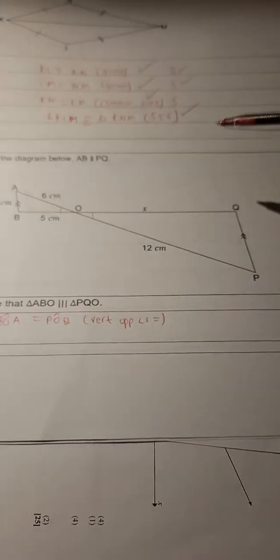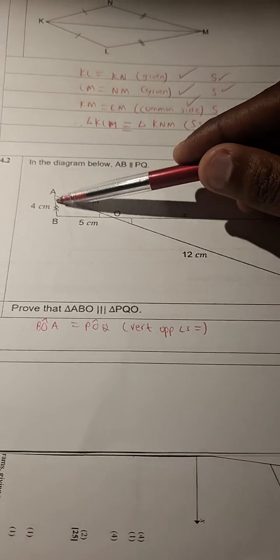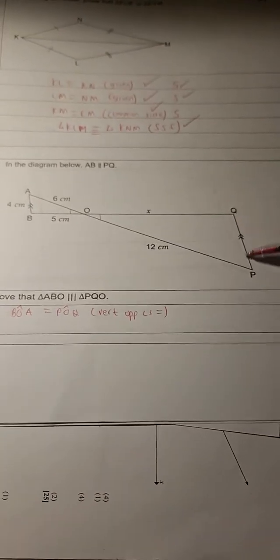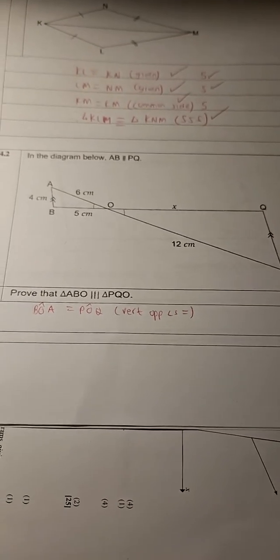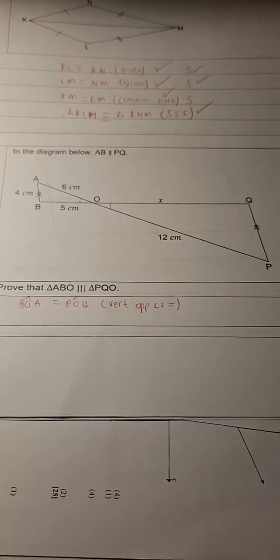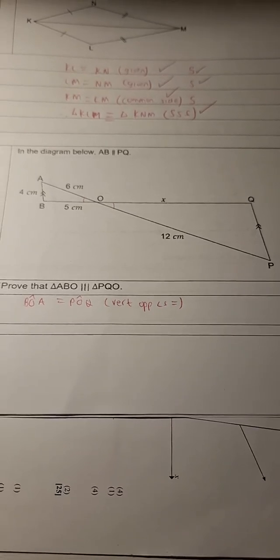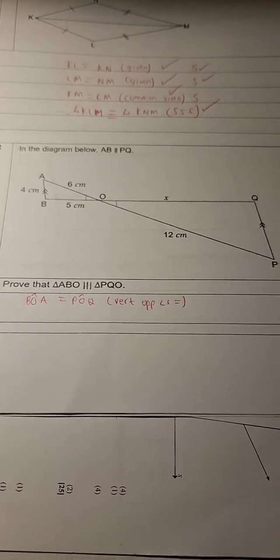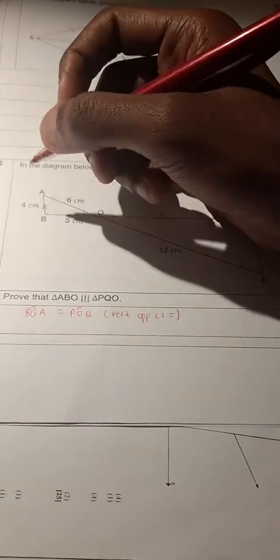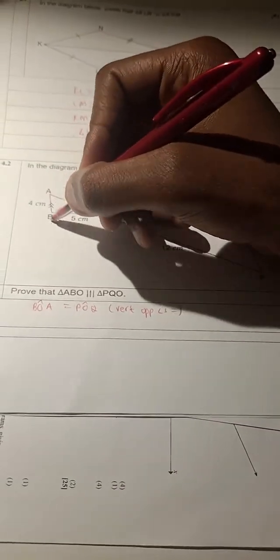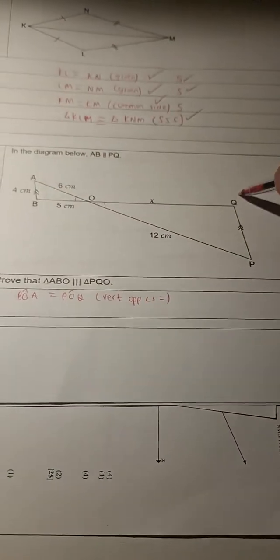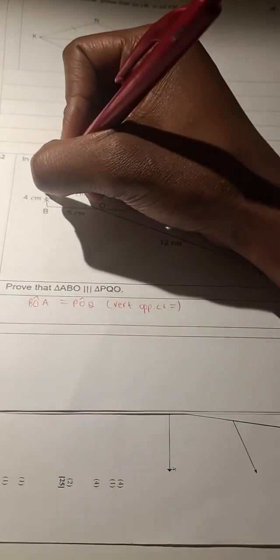Okay, now what else? These two lines AB and PQ are parallel, aren't they? So there are relationships that exist between parallel lines. I'm sure you guys can see, what do we know about this shape that we are getting? We are getting the Z shape here.